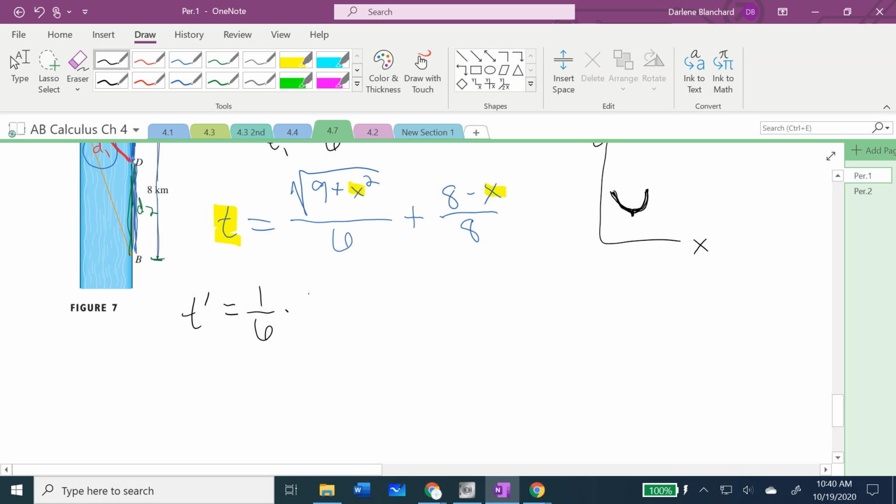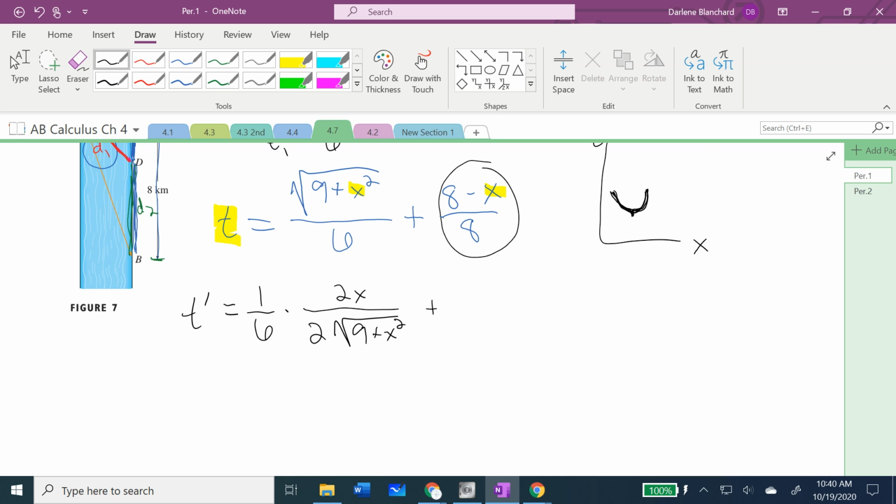So 1/6 times 1/2 times the expression to the negative 1/2 will end up being this times the derivative of the inside function, and then plus the derivative of this, which is going to wind up being just plain old negative 1/8. And I need to get a common denominator going. Let's see what I can do to save my breath a little bit, though.